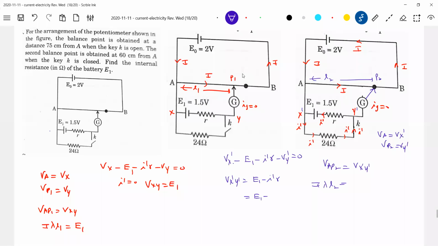What is I dash? I dash should be E1 by R plus r, here only this loop.